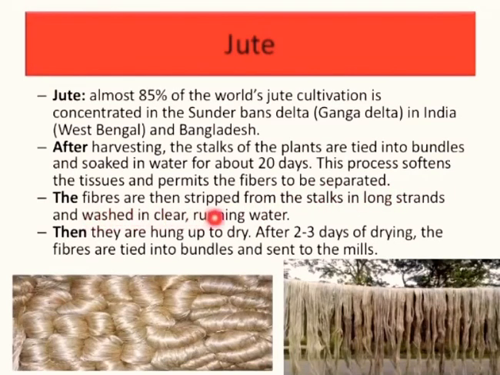The fibers are then stripped from the stalks in long strands and washed in clear running water, and then they are hung up to dry. After 2-3 days of drying, the fibers are tied into bundles and sent to the mills for further process.